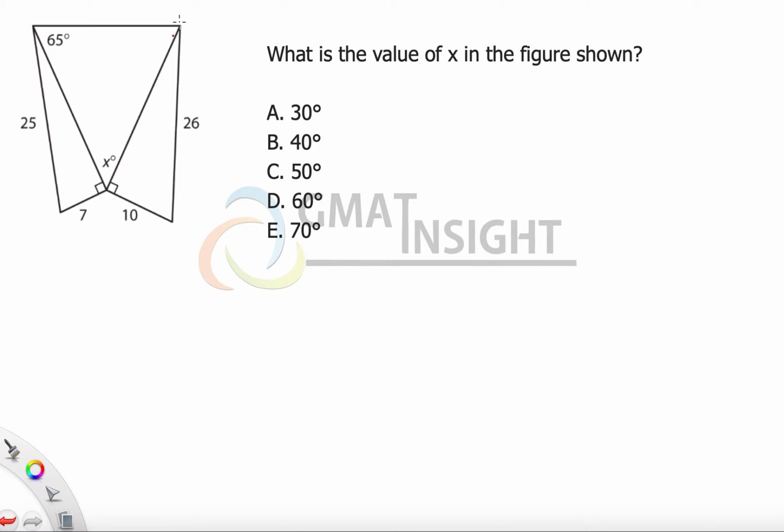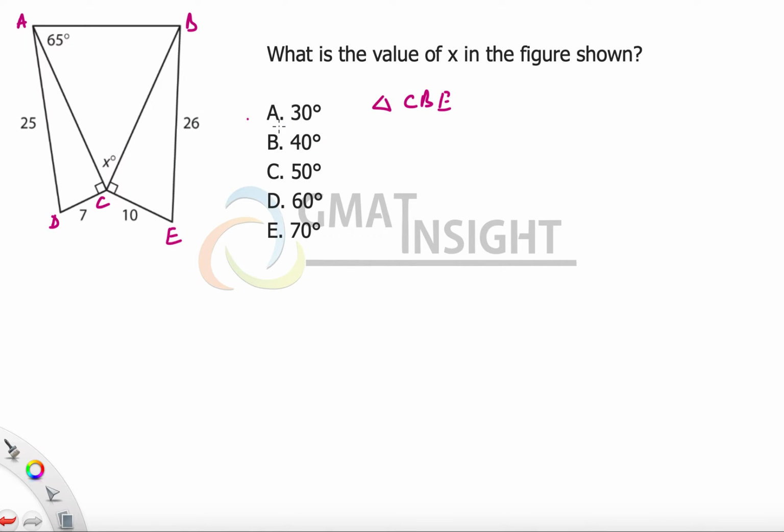For example, here we see a right angle triangle in which we have two sides, 10 and 26. So if I start marking these places A, B, C, D, E, I am quickly taking one of the triangles, triangle CBE.